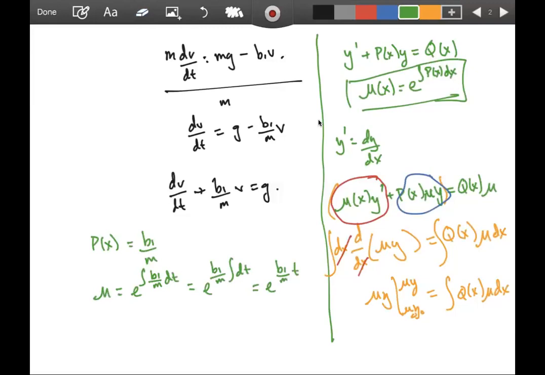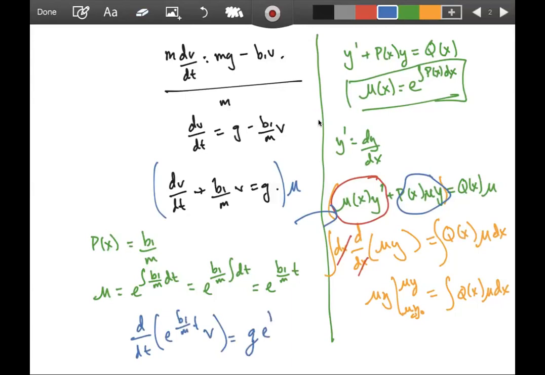Now I multiply both sides by my integrating factor, and use the same trick of rewriting the left side as a total derivative. I now have d/dt of my integrating factor, e to the b1 over m times t, times my original function v, must be equal to g times e to the b1 over m times t. Now I want to integrate this.